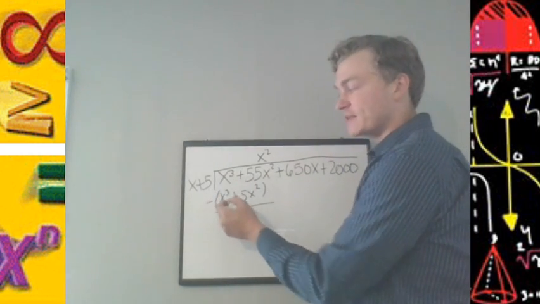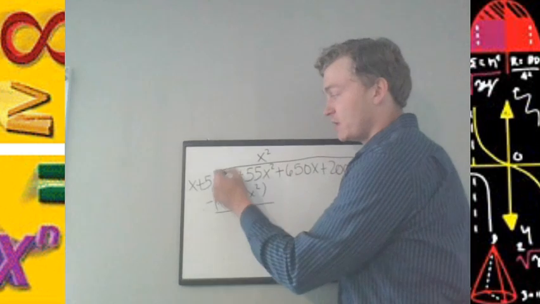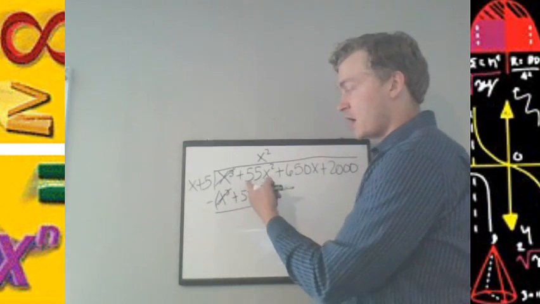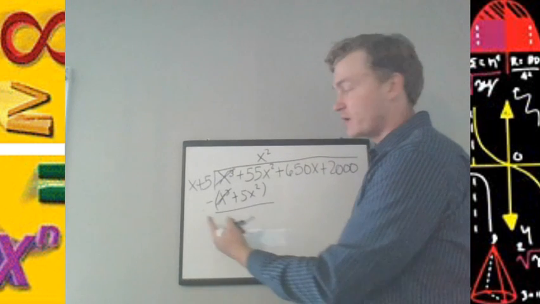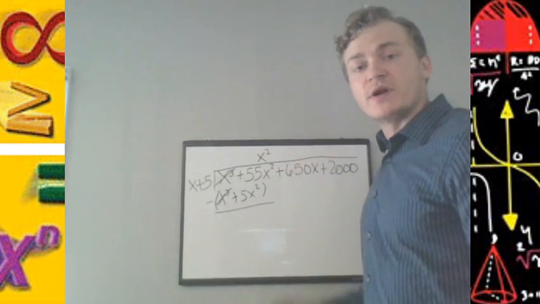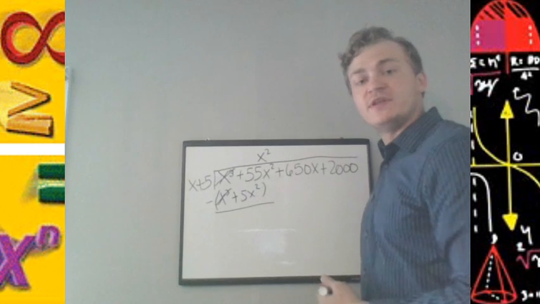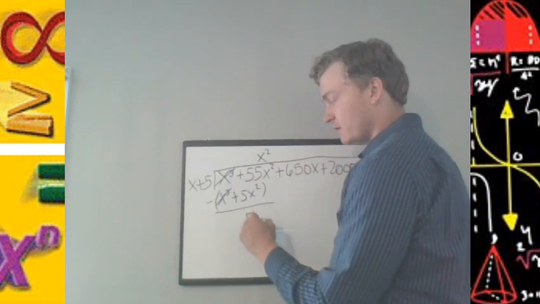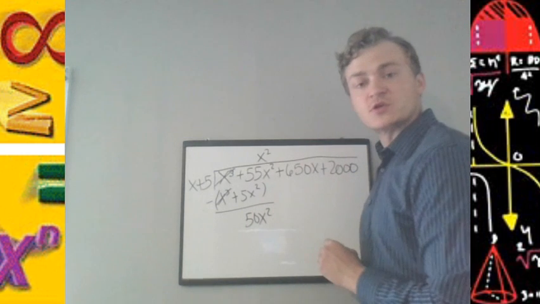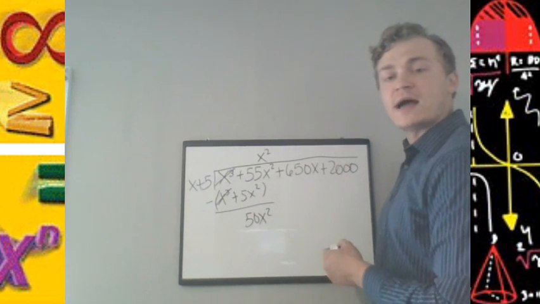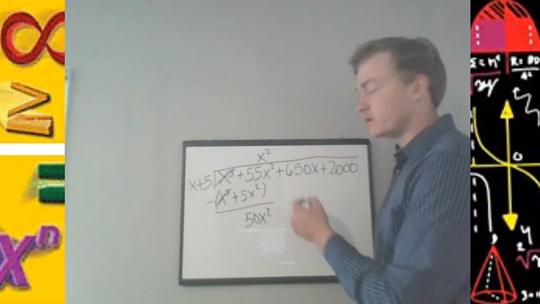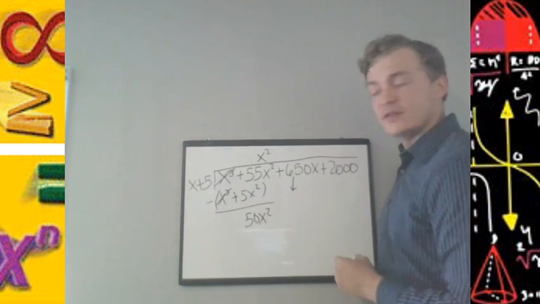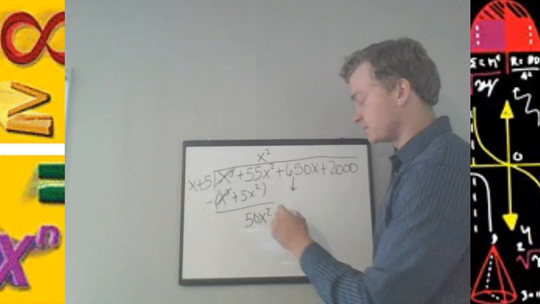X cubed minus x cubed is 0x cubed, so they cancel. A positive 55x squared minus a positive 5x squared, well, 55 minus 5 is 50, so here we get 50x squared. Bringing down our next term here, we bring down the plus 650x.